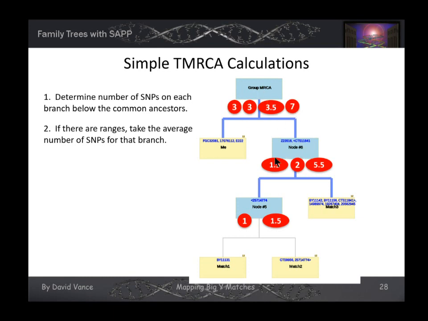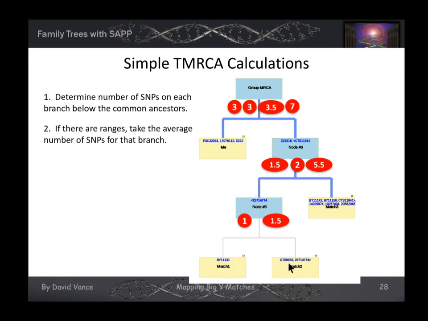Under this one, by the same process, I have 1.5, 2, and 5.5. Again, if this SNP actually occurred somewhere above this node, then it didn't occur below it, obviously. So I'd have either 5 or 5.5. And then down here I have either 1, if this one didn't occur, because this one may have occurred above.